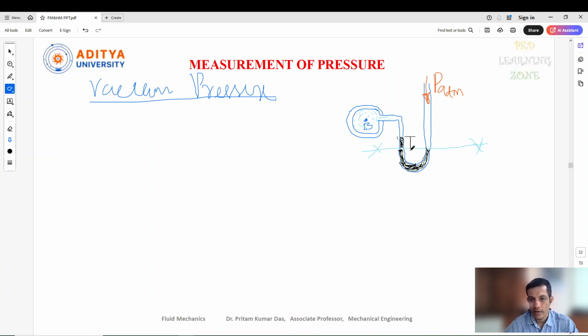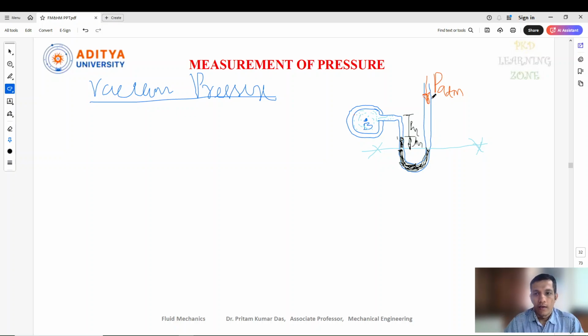So there is a liquid height here, and this liquid which is present here has the height of, say, H2, and this is H1.